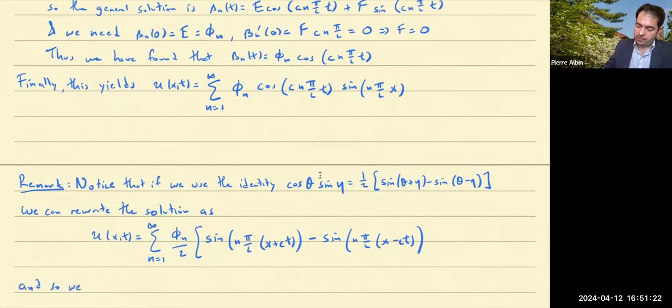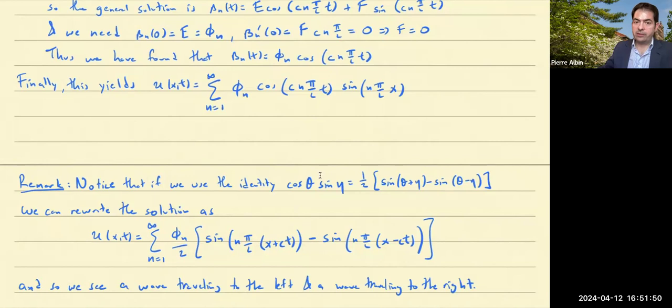And so we see a wave traveling to the left and a wave traveling to the right, just as we expected. Okay, and we'll stop there for today and pick it up next time.